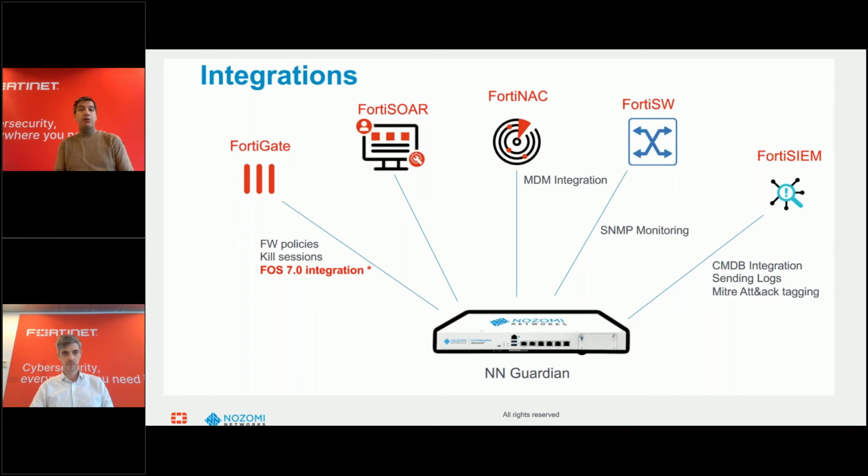So with the Nozomi Guardian, the FortiGate we demonstrated, we actually work with any FortiOS version from 6.4 till the latest 7.4 X series, but also FortiSOAR for an automation layer. And with FortiSOAR, actually anything can be integrated as a response action. FortiNAC, where we can feed our data set to FortiNAC, which then can be used to better profile assets that need to go to a certain VLAN, for example.